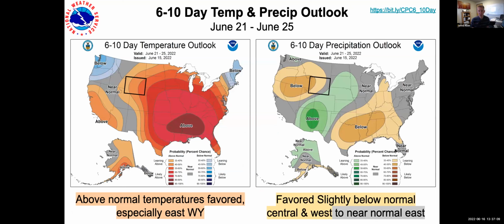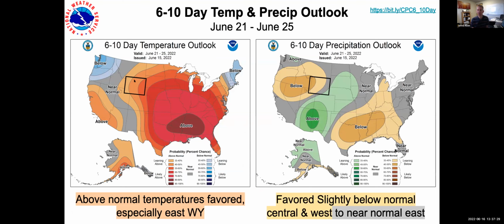Thank you. So looking at the 6 to 10 day temperature and precipitation outlook, this is from June 21st through June 25th. We can see our little corner of the state there in Wyoming. Generally favored across Wyoming to be above normal, especially favored slightly higher for central and east portions of the state.